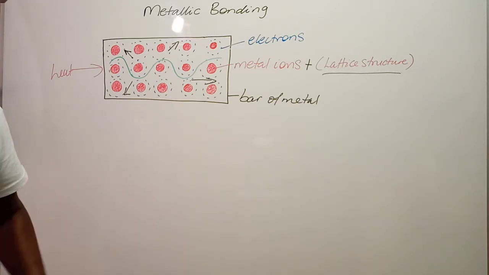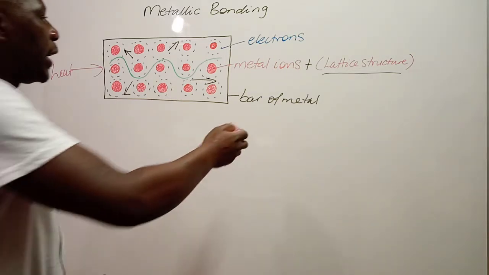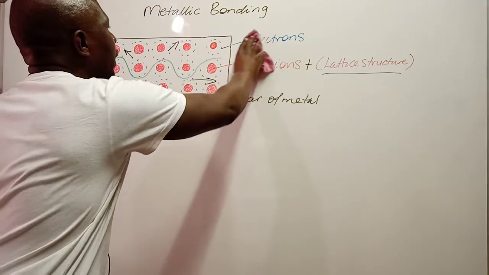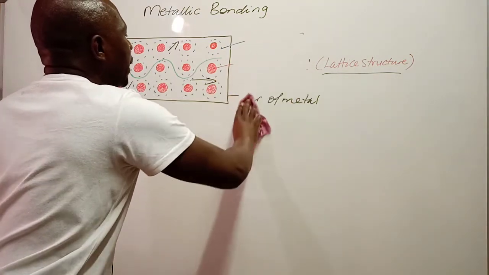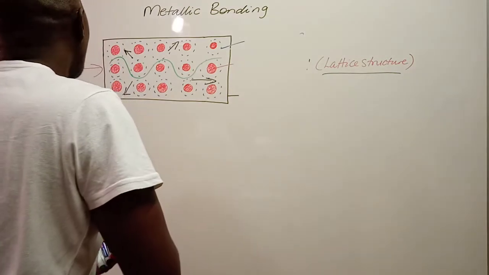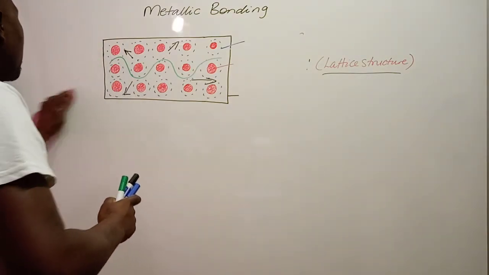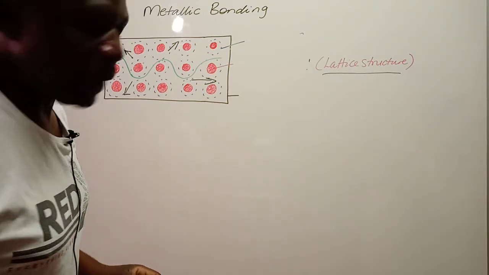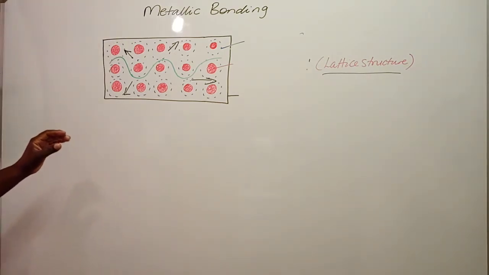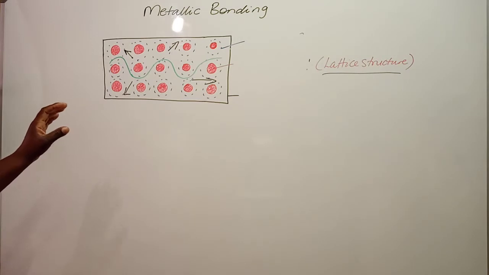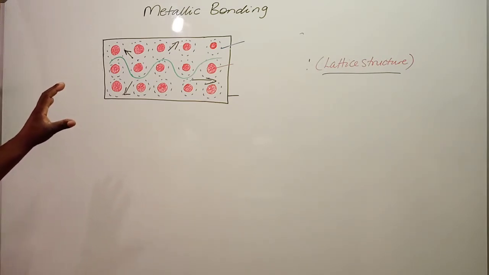Let us go on to look at the reason why metals are good conductors of electricity. Now, to begin with, let's remember that the ions are on a fixed position.